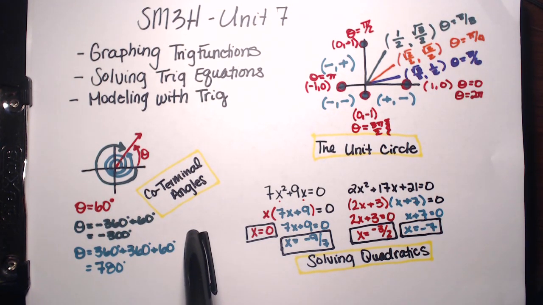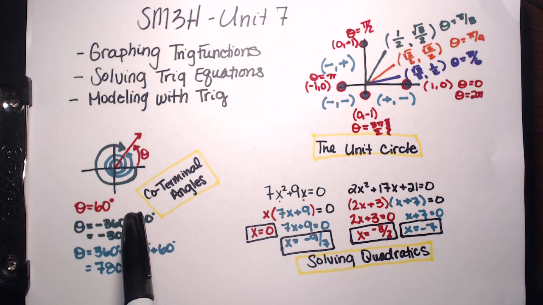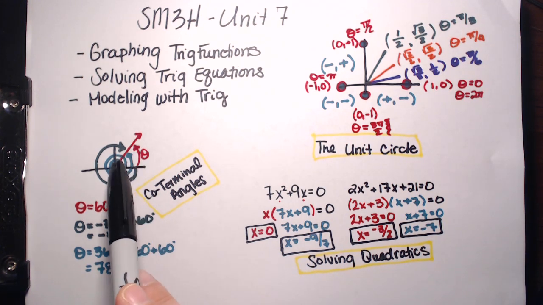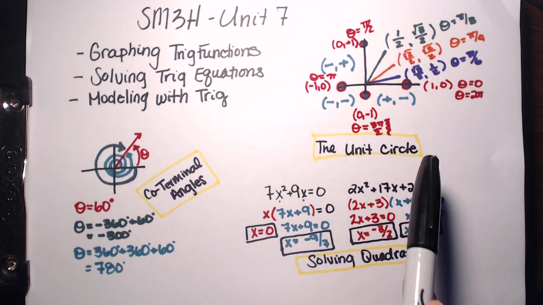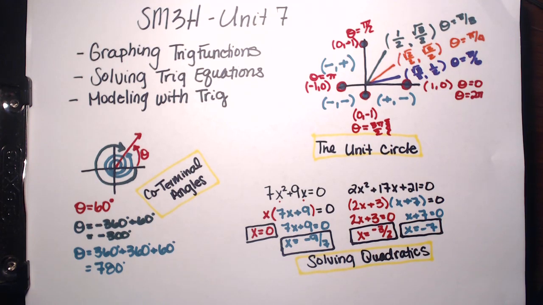You're going to have to understand that one terminal side, you can get there with different angles, and they're all coterminal angles. And then you also have to know how to solve quadratics. If you don't know how to do any of this stuff, you're not going to be able to do this unit. So go back and review this information.